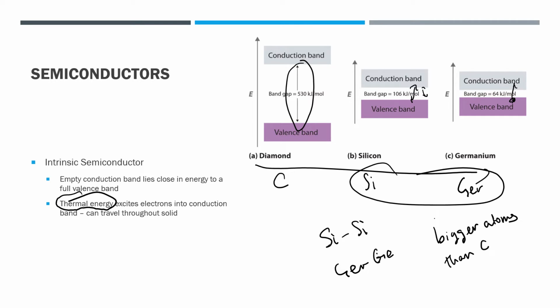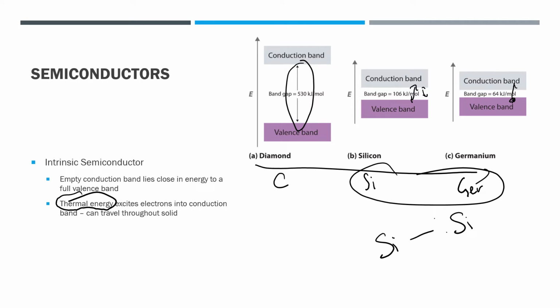So I'm almost partially breaking a bond. And by partially breaking this bond, I'm allowing this electron that used to be localized in the bond to now be free to roam around the entire solid. So that was a lot of words. Just to clarify, if I have a bond here, say silicon-silicon.